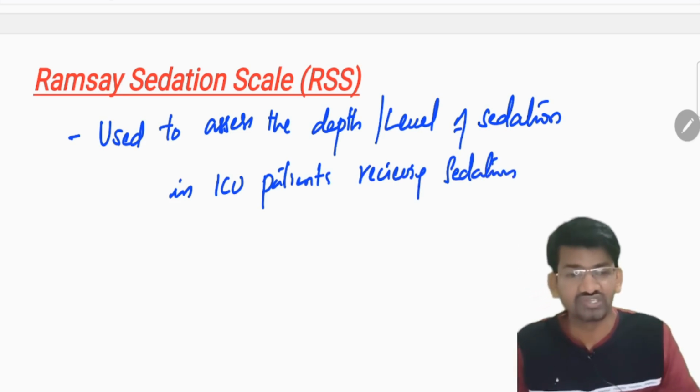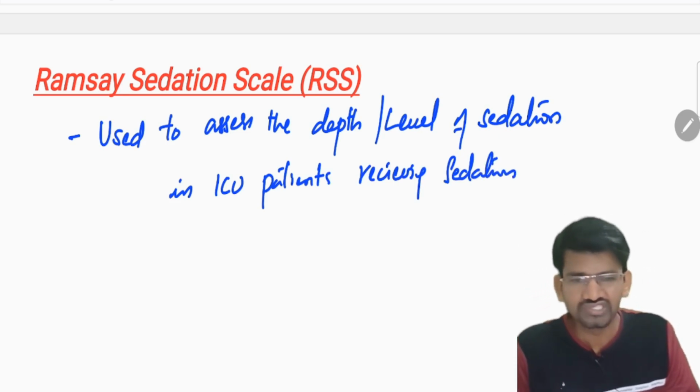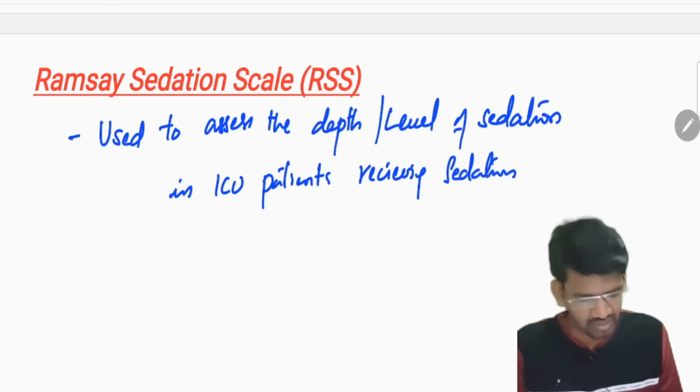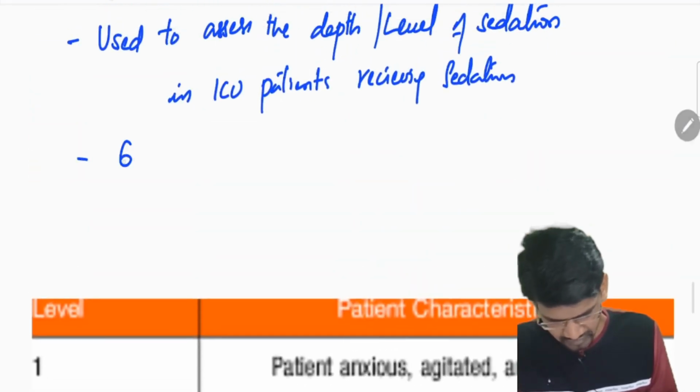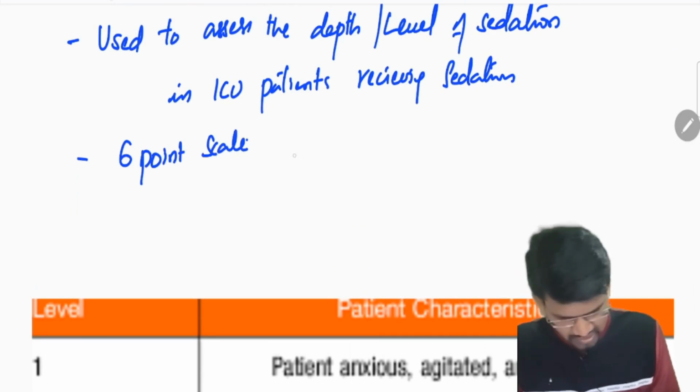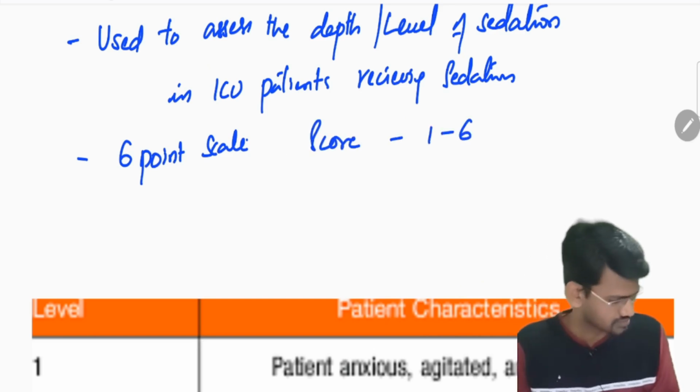So the patients who are on sedation, we can use this scale to assess their level or depth of sedation. It is a 6-point scale. The score ranges from 1 to 6.